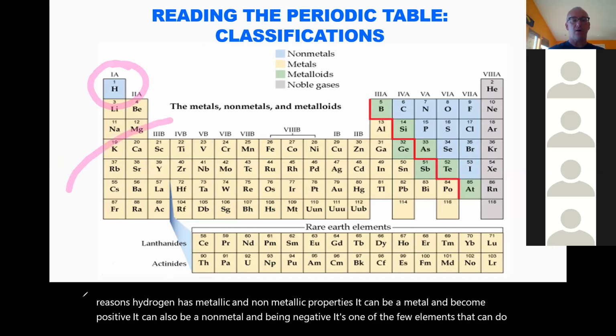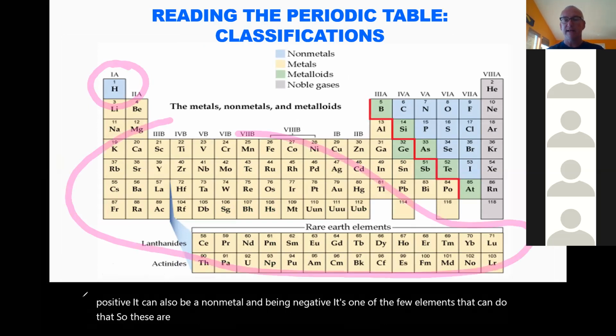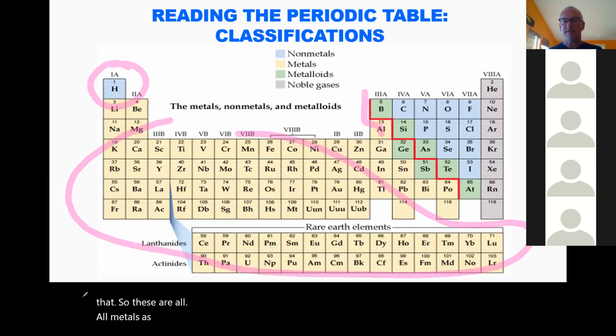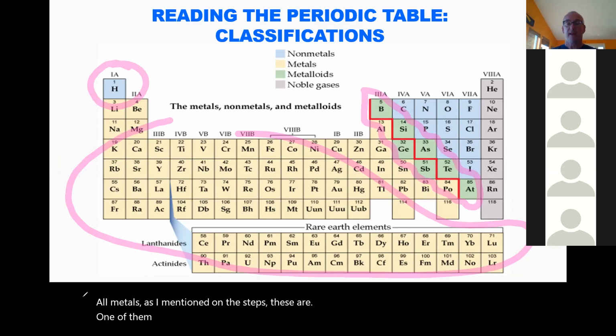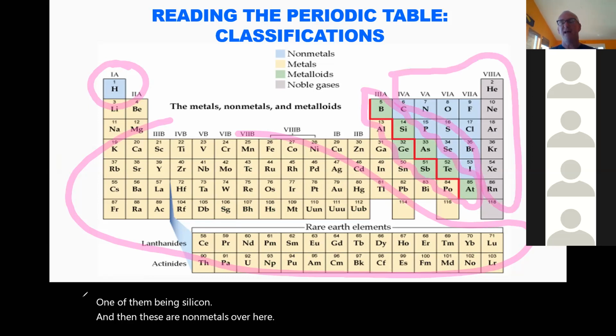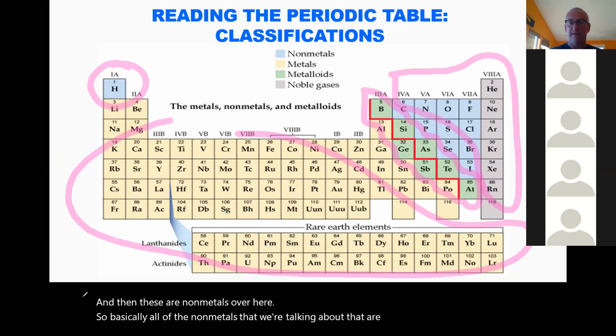So these are all metals. As I mentioned, on the steps, these are our metalloids, one of them being silicon. And then these are our nonmetals over here. So basically, all of the nonmetals that we're talking about that are reactive are just these few. This is it.